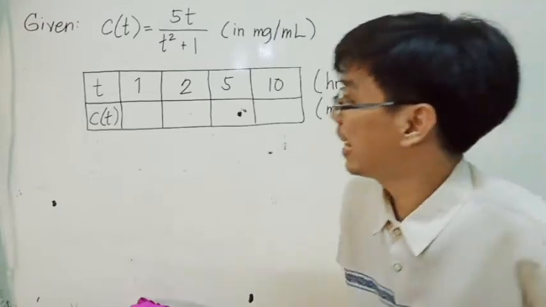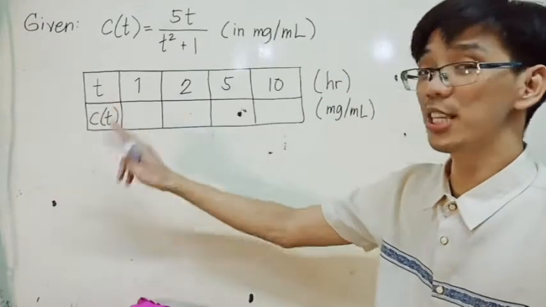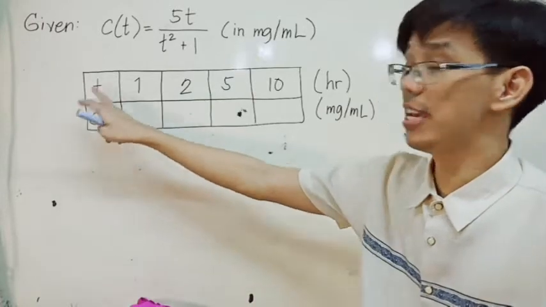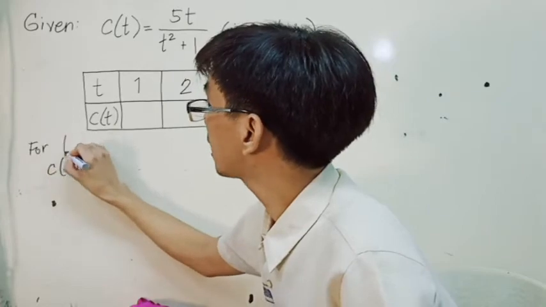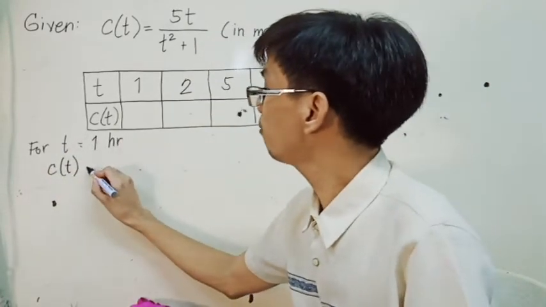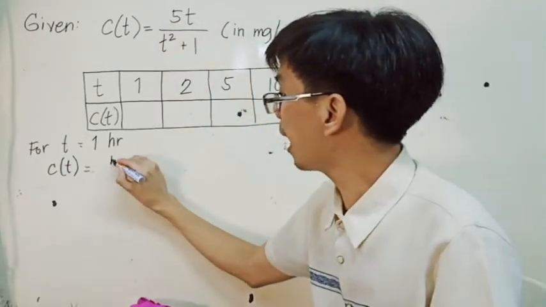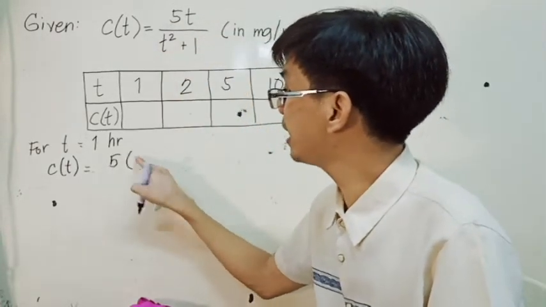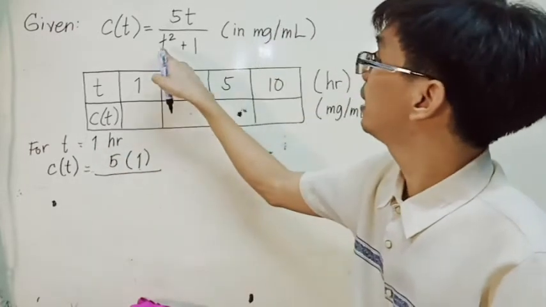First, let us get the concentration of drug or the C of t when the time is 1 hour. For time equals 1 hour, C of t is equal to 5t. So 5, what is the value of t? 1 hour. 5 times 1 all over t squared.